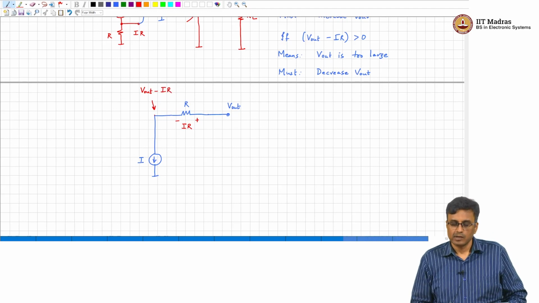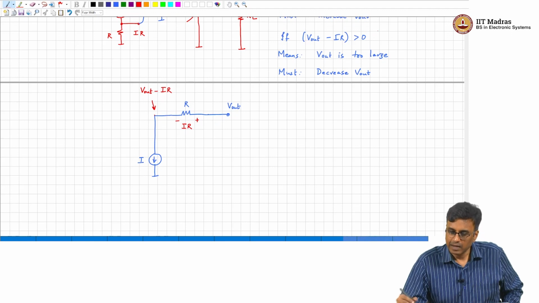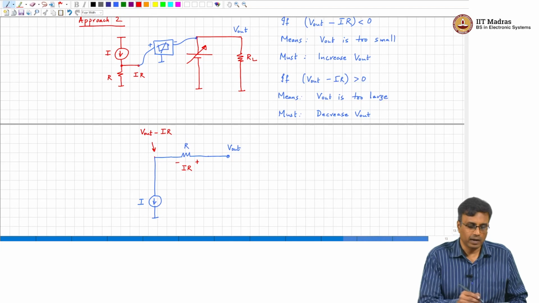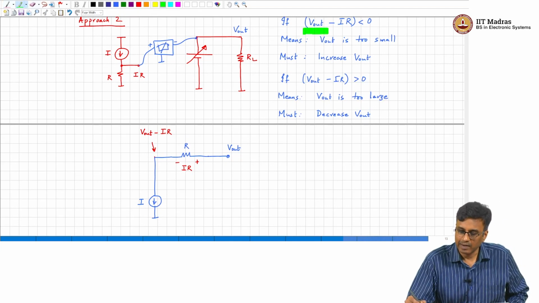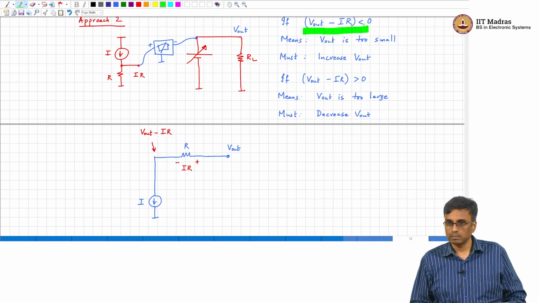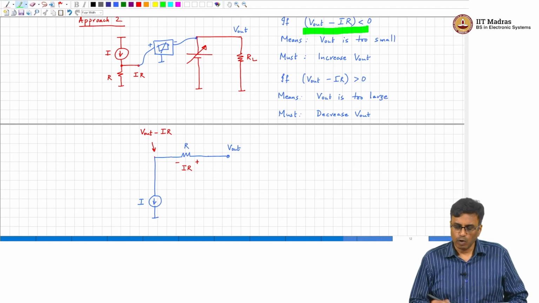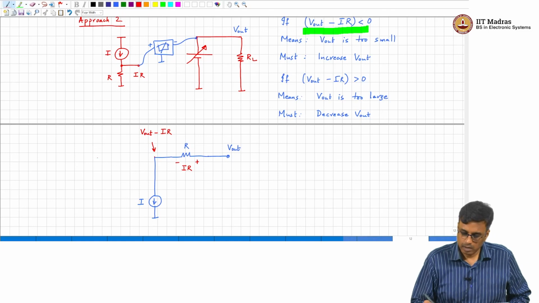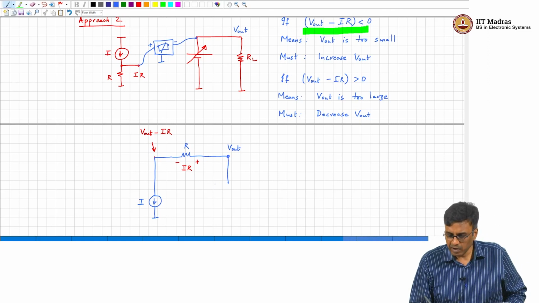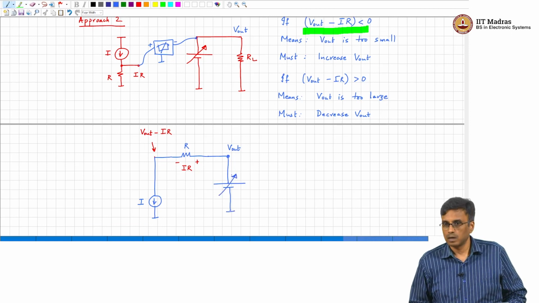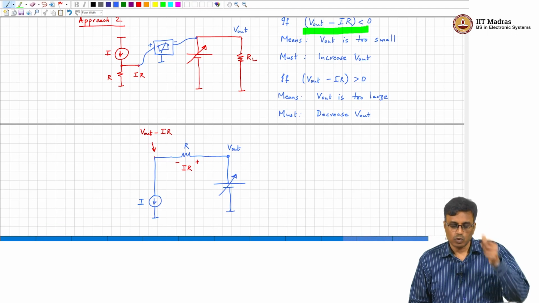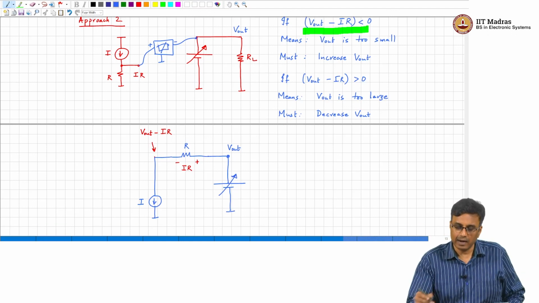So, remember, if V out minus I R is less than 0, what must we do? This V out is coming from this variable voltage source, correct.